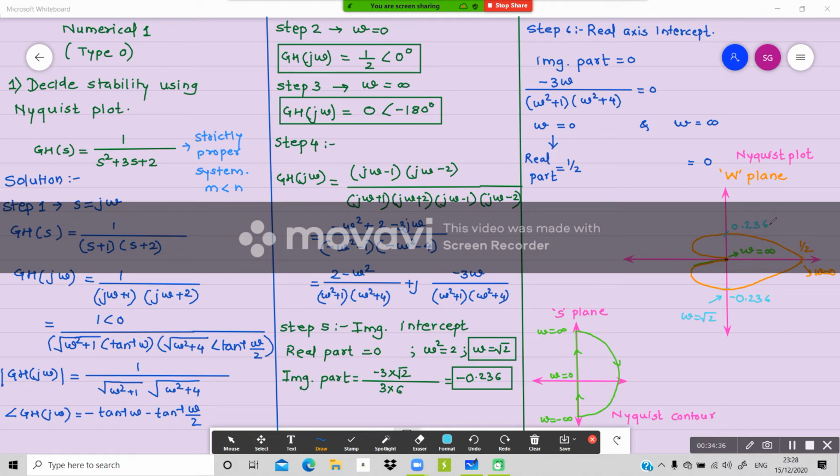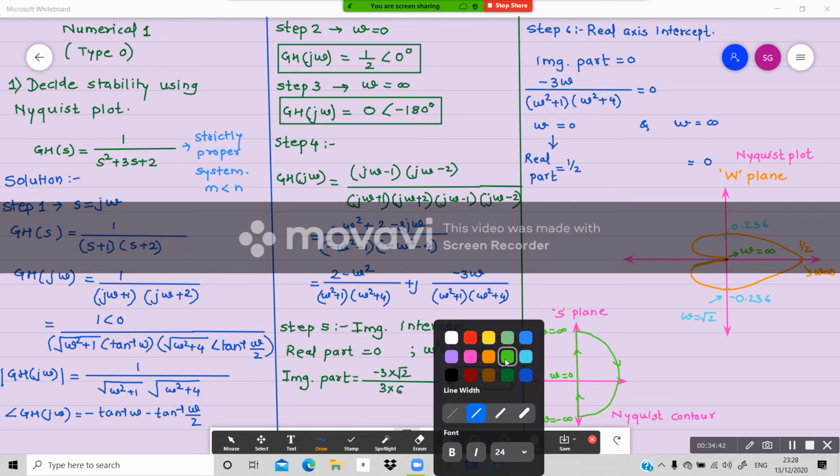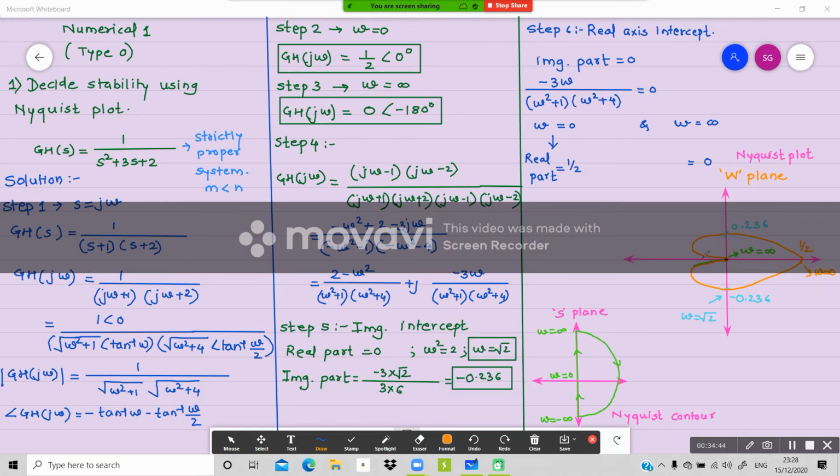Whatever might be the frequency for it, keep in your mind that these two are mirror images. But one more thing, now if this is half, then double of that. Let me draw it if it is possible for me.